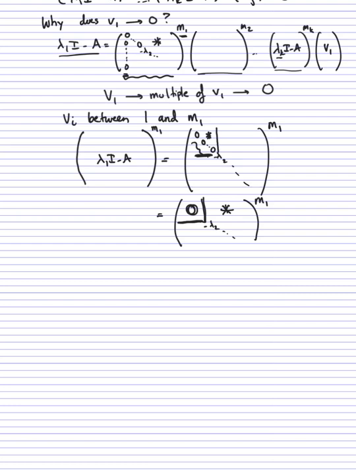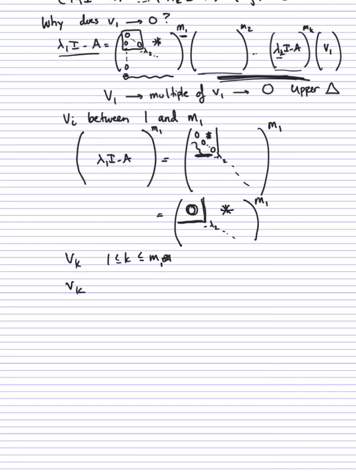And now, what happens if you take vk for 1 less than or equal to k less than or equal to m1? So we want to know what to do with the first vectors in our basis that correspond to this block. Well, again, all of these matrices over here are upper triangular.